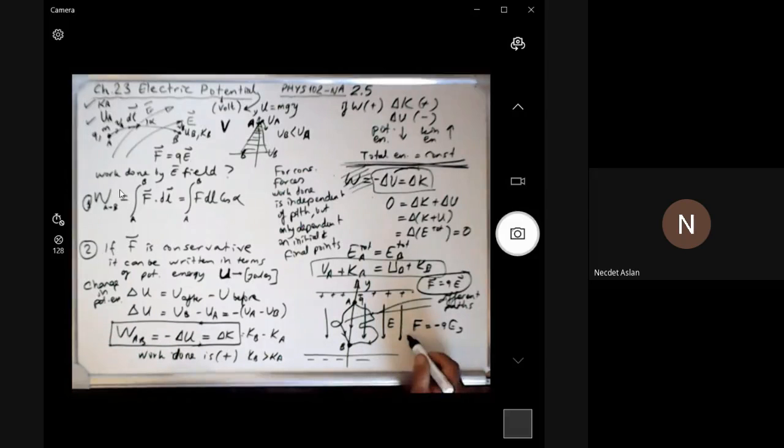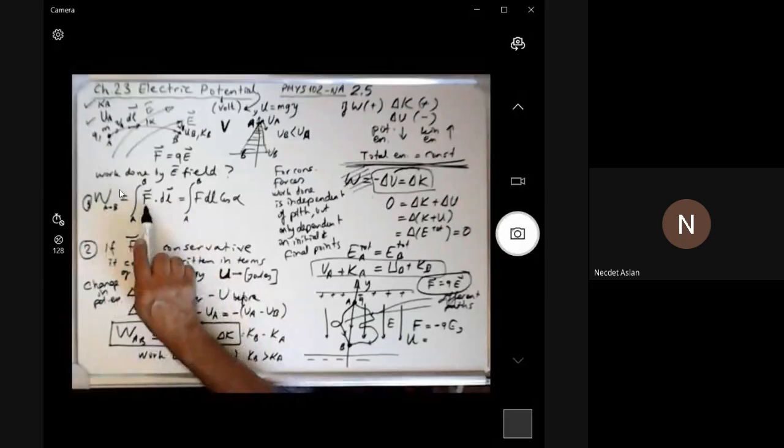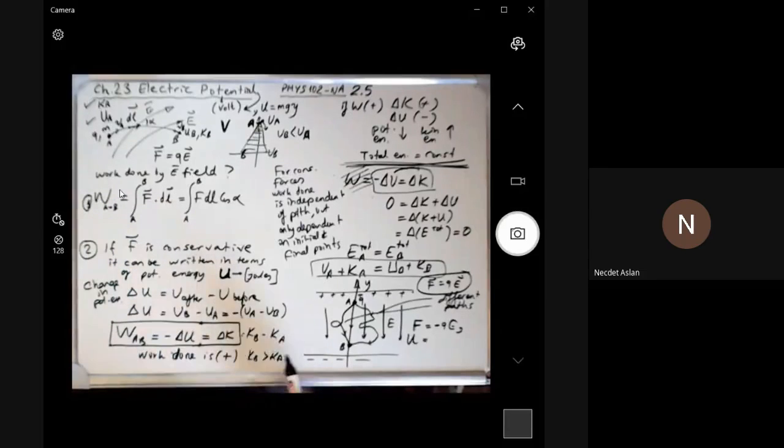What about the potential energy? Remember that potential energy is related to W, but W is force times the distance. So in our case, it's just this times the distance. So the potential energy is given by just Q times Ey times the distance, which is y.